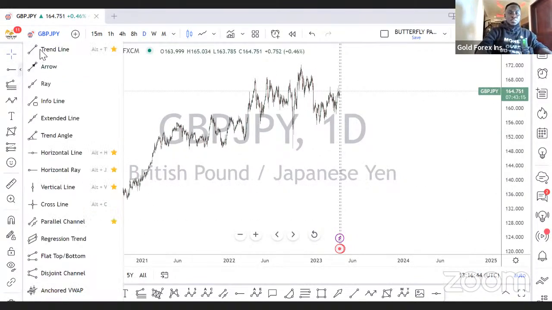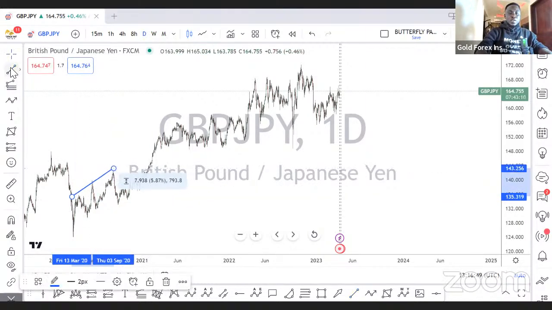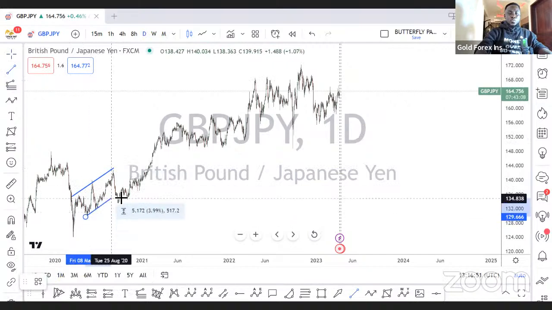Now, let's look at pound JPY on the upside. I'm just trying to draw the waves.